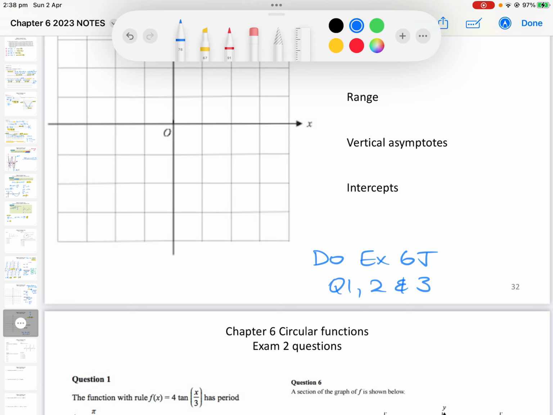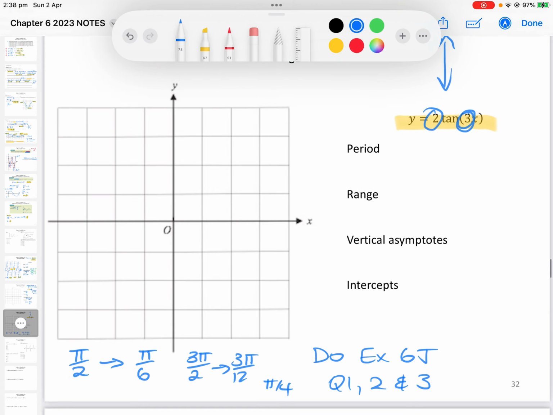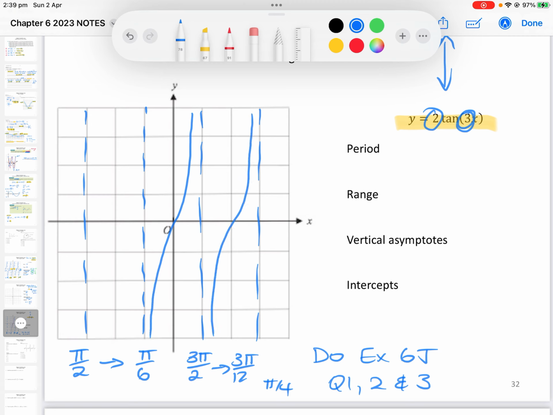So what I think is my original asymptote was at pi on 2. So now it's going to be dilated 1/3. So it's going to go to pi on 6. 3 pi on 2 is going to go to 3 pi on 12 or pi on 4. So what I do is I just draw it as normal. Put my shape in, because my drawing's not that good, the dilation from x we can't really see.